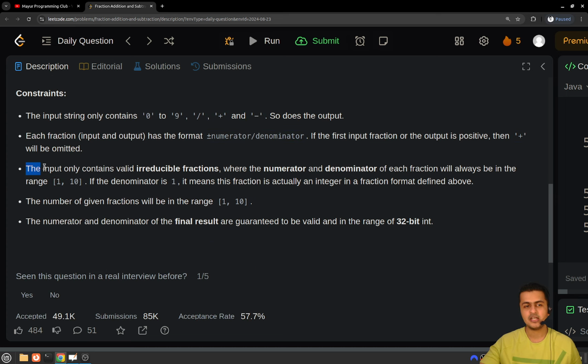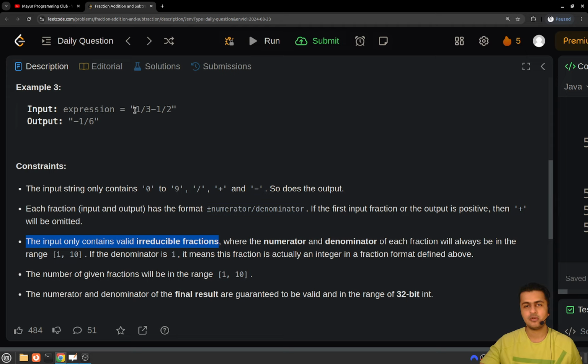Then it further states that the input only consists of valid irreducible fractions. The numerator and the denominator of each fraction will always be in the range 1 to 10. So it cannot be a case where the denominator is 0 or the numerator is 0. That kind of thing will not happen. It is mentioned that the numerator and denominator of each fraction will range from 1 to 10, both inclusive.